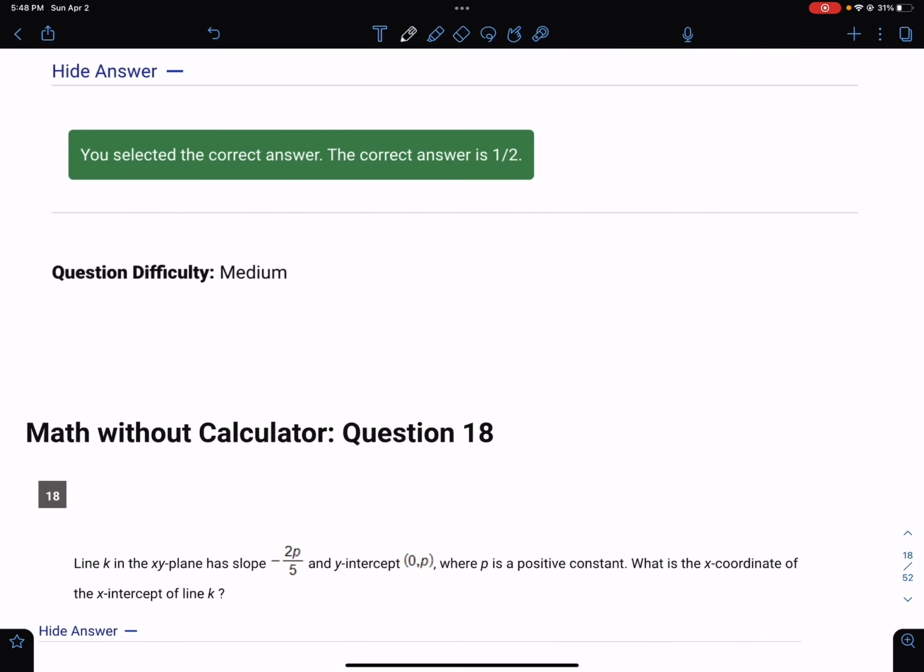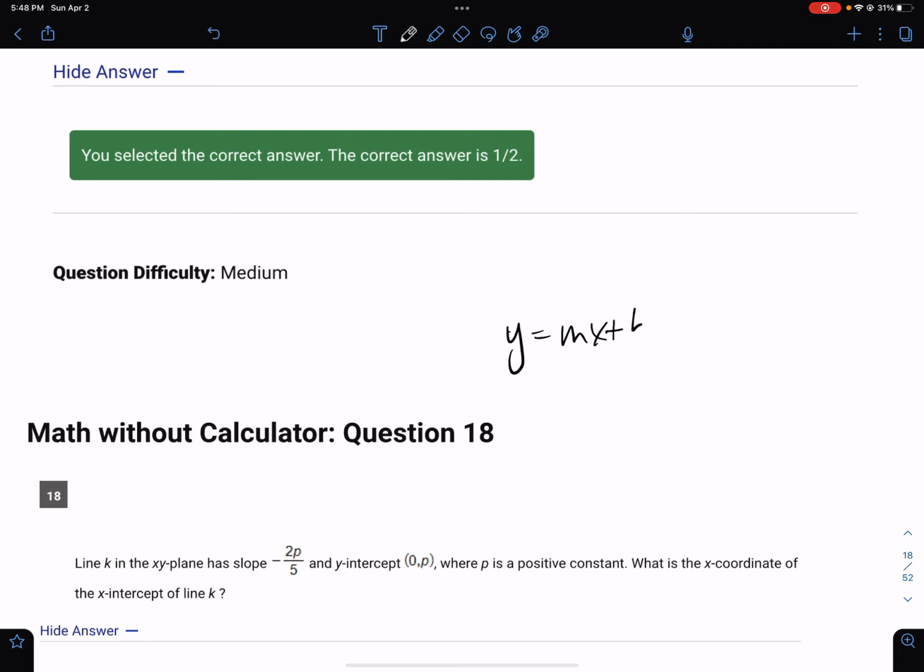Taking a look at this question, it says line K in this xy plane has a slope of this and has a y-intercept of this, where P is a positive constant. What is the x-coordinate of the x-intercept of line K? Wow, this is really complicated. Y-intercept of 0, P. So you have y equals mx plus b.